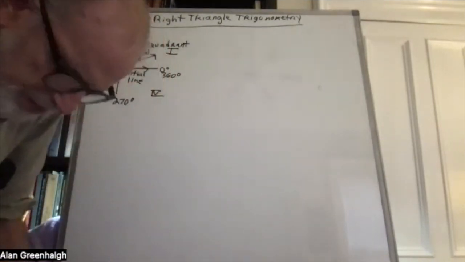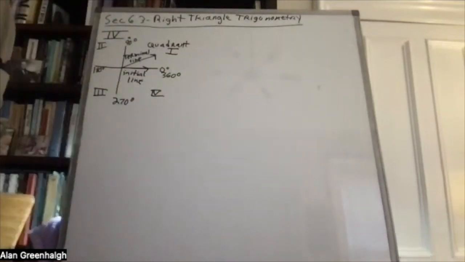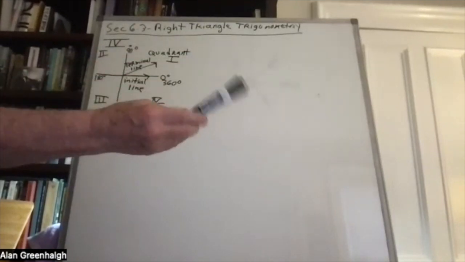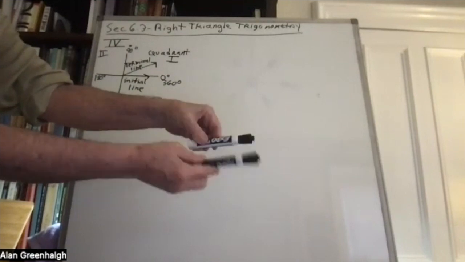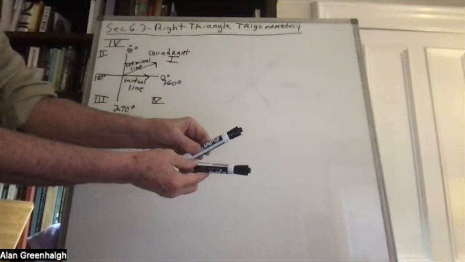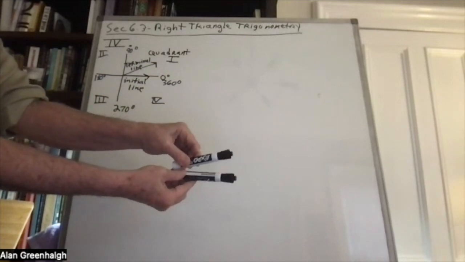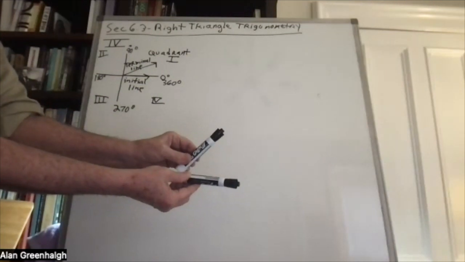I'm going to attempt to use my creativity to show you what an angle does. Initial line, terminal line. The initial line always stays put. The terminal line creates the angle. See that? The terminal line is what moves. The terminal line goes up and up and up.